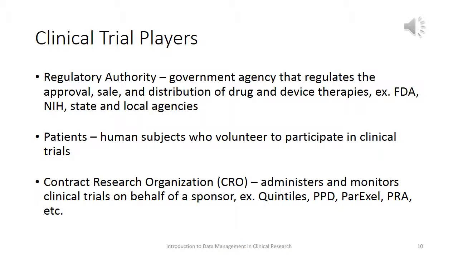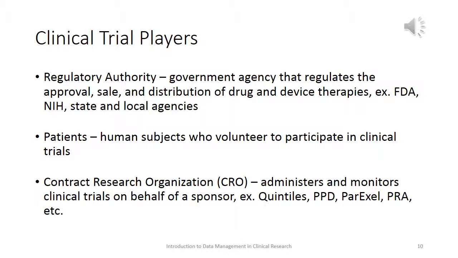We're lucky that we have quite a few CROs here in our area. There are probably at least 20. The larger ones are Quintiles, PPD, Parexel, PRA, and then there are a number of smaller ones that don't get quite as much press. But basically, the CRO industry is headquartered here in the Triangle area of North Carolina.